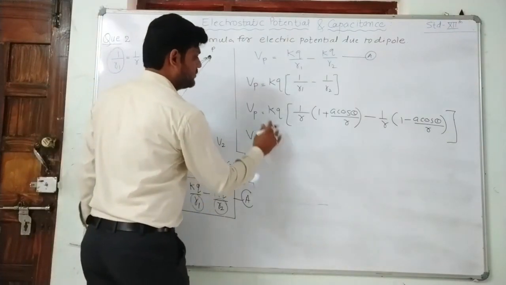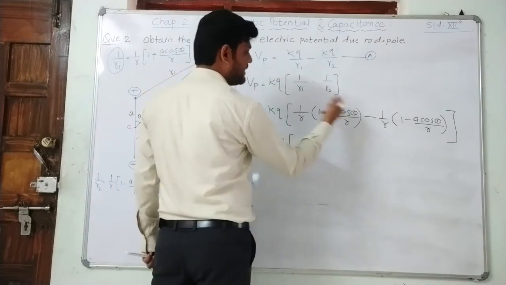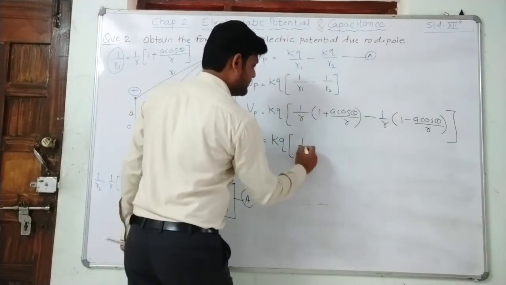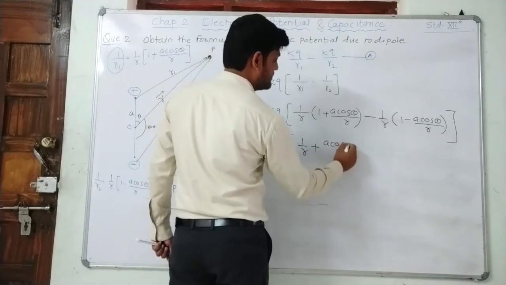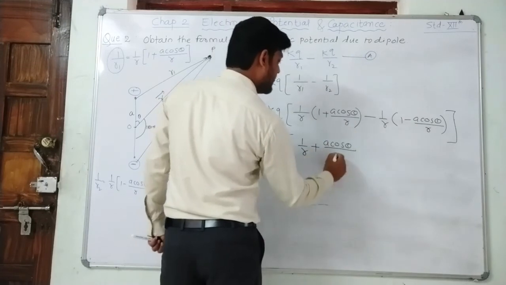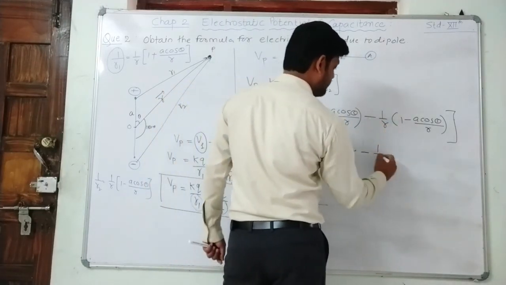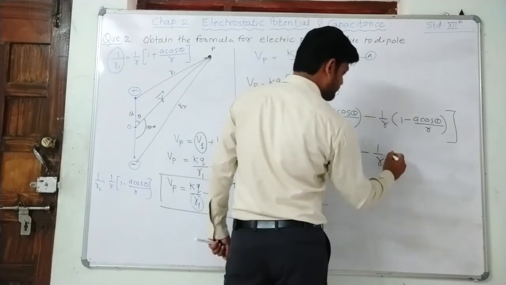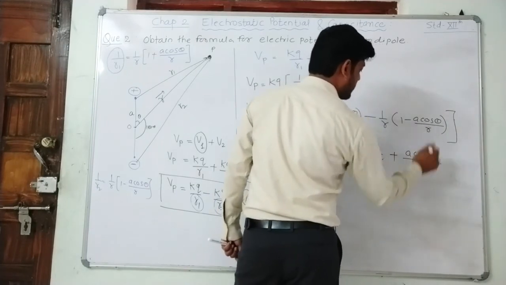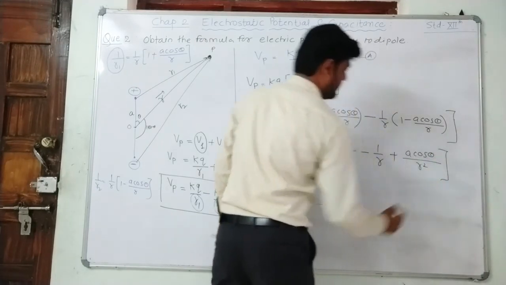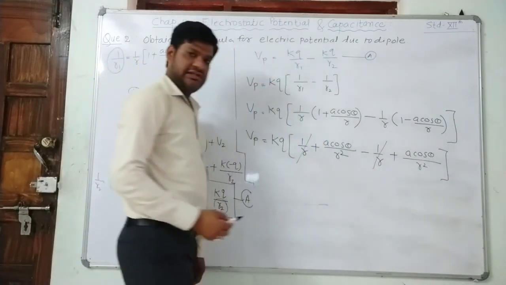Vp equal to KQ remains as it is. Multiply this 1 by R in the bracket. So it becomes 1 by R here, and A cos theta by R square. Minus, this minus will multiply over 1 by R: minus minus plus A cos theta by R square. Bracket complete. See, this term gets cancelled.